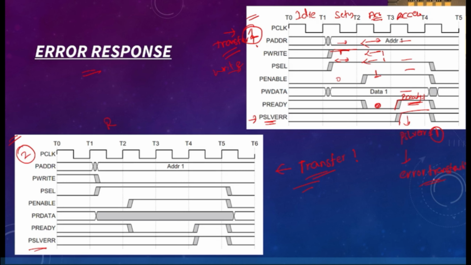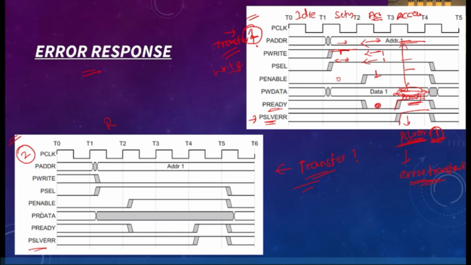We have already discussed those factors. So there may be some loss of data if PSLVERR equals 1. After PREADY equals 1, the data transfer takes place, so this data is written into this address. During writing of this data into this address, there may be some loss of data, because of which the slave error is activated as 1.